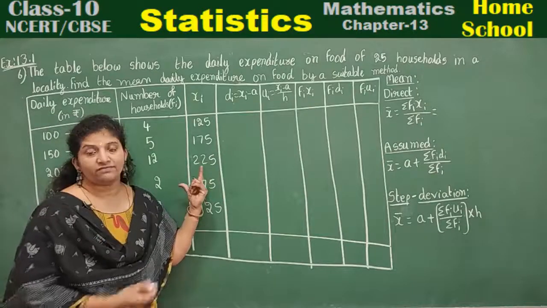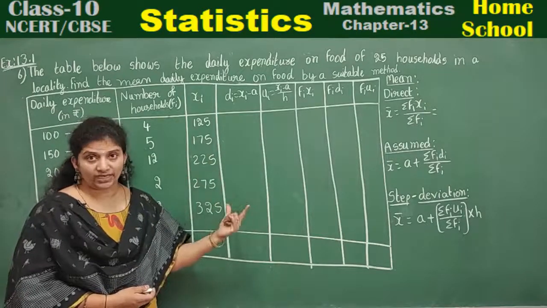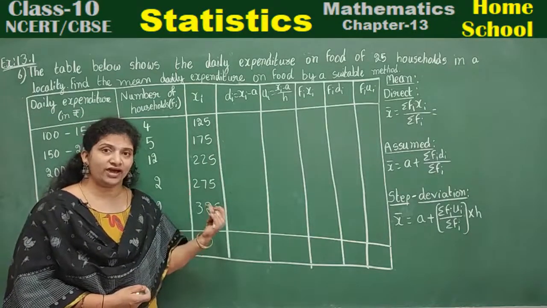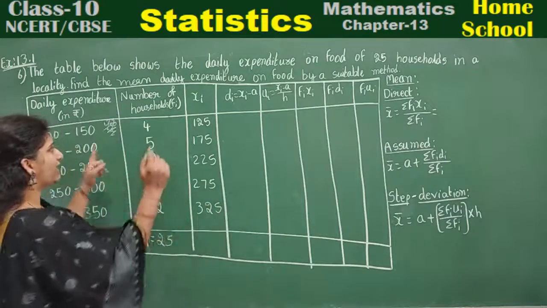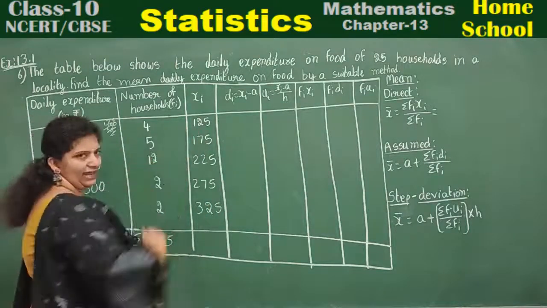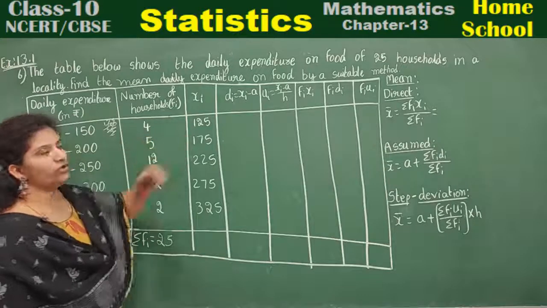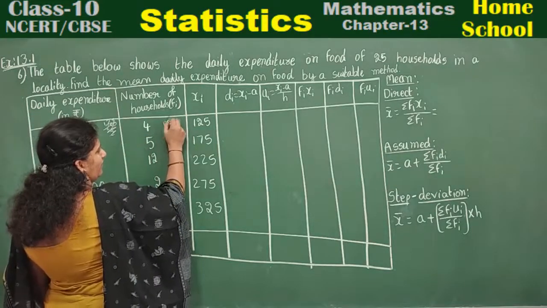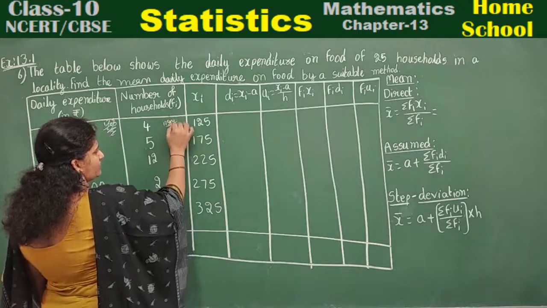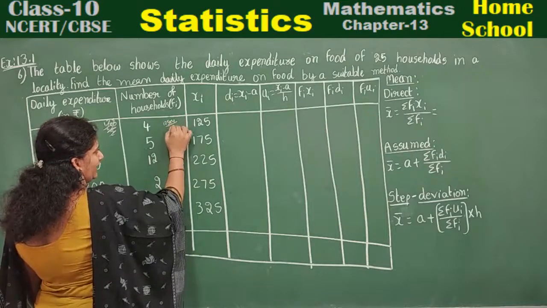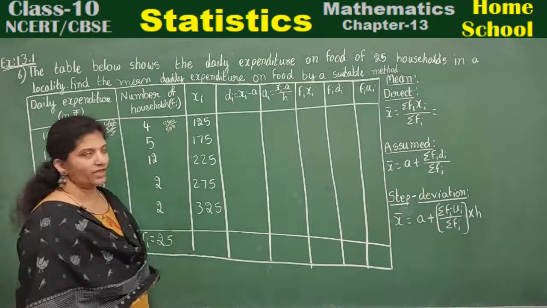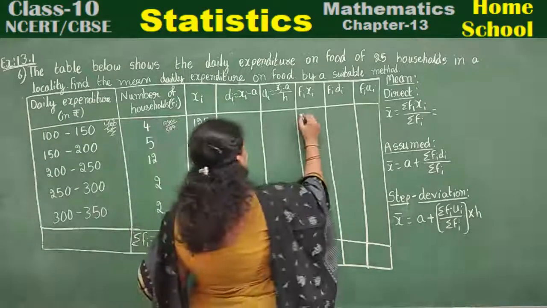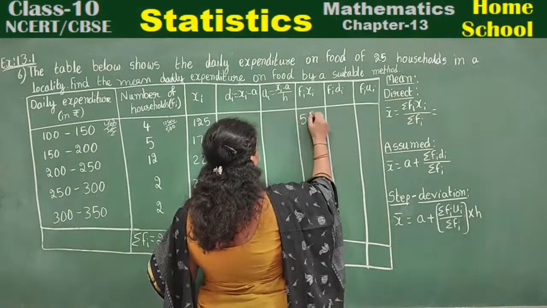Next step. For the direct method, you need summation Fi Xi. So let us multiply Fi and Xi. 4 into 125. Let's do the calculation here. 125 times 4 is 500.